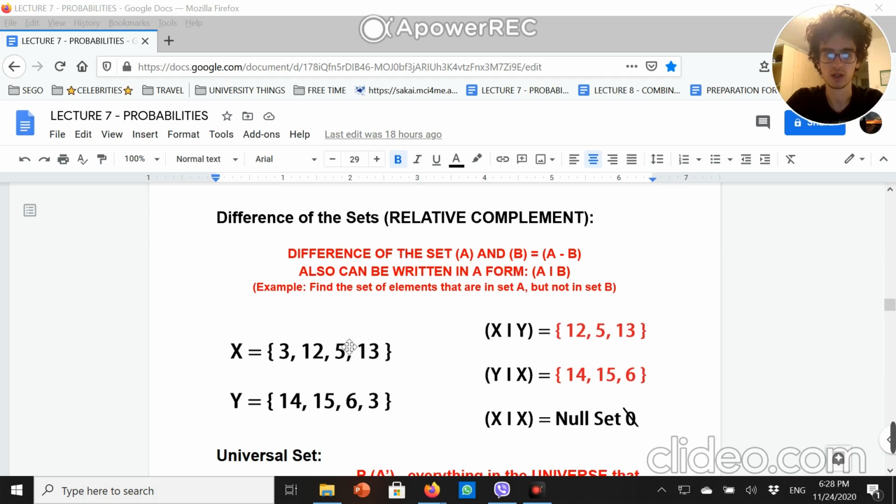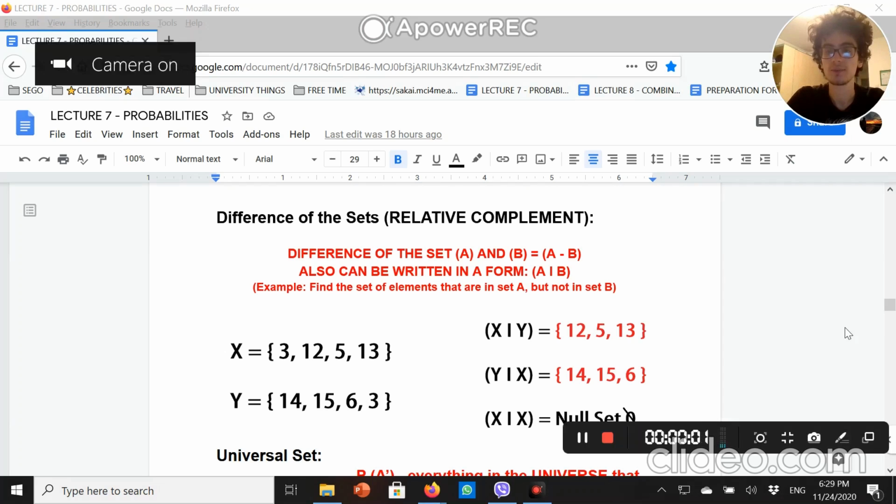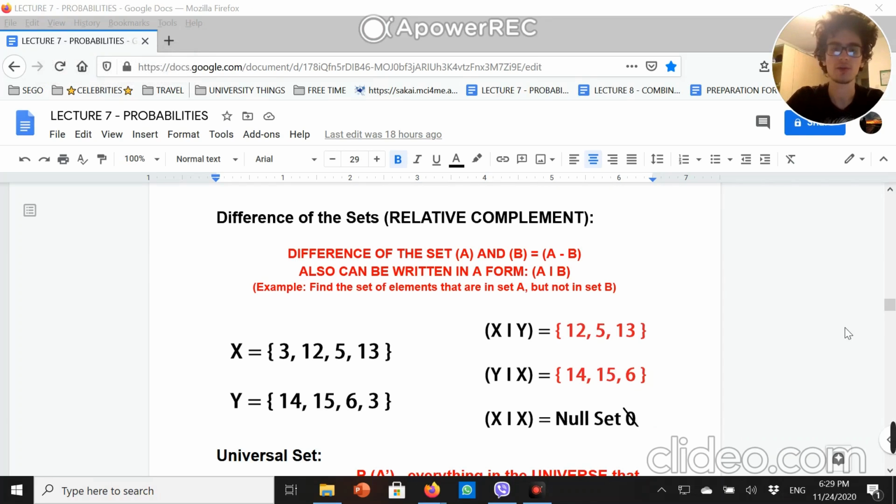We have 12, 5, and 13. Please note that in this case we do not write 14, 15, and 6 as well, because we just assume that they disappear. So don't write -14, -15 because it wouldn't be correct.